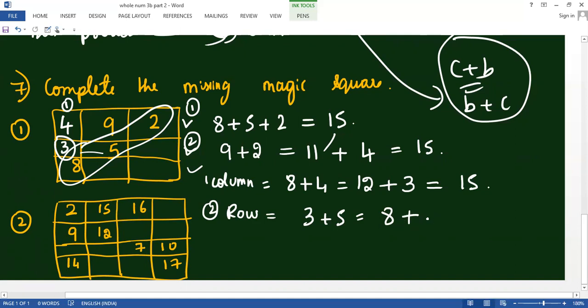If we add 7, 8 plus 7 is 8, 9, 10, 11, 12, 13, 14, 15, exactly. So the number here is 7. Finally, the second column will be left. I can take it easily because two numbers are there: 9 plus 5 is equal to 9, 10, 11, 12, 13, 14.